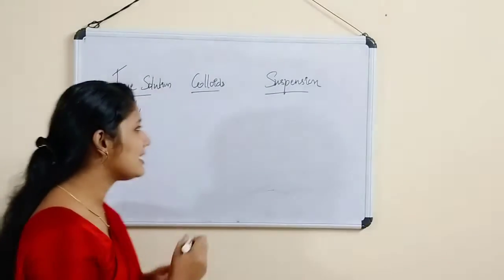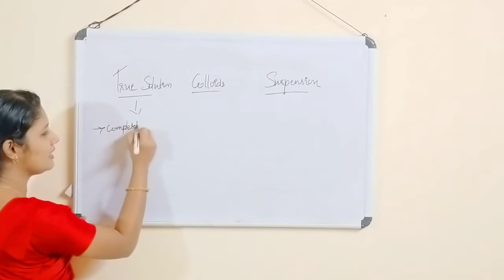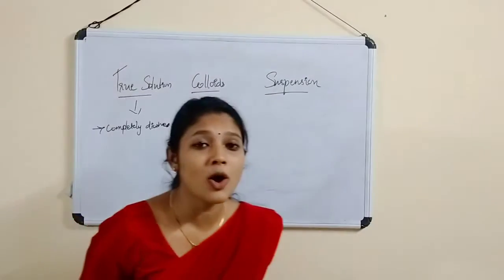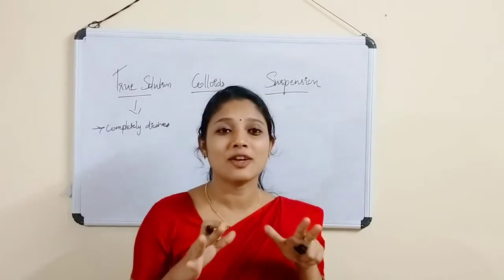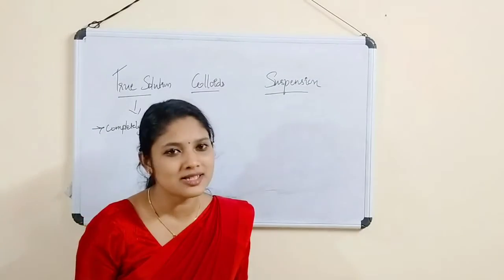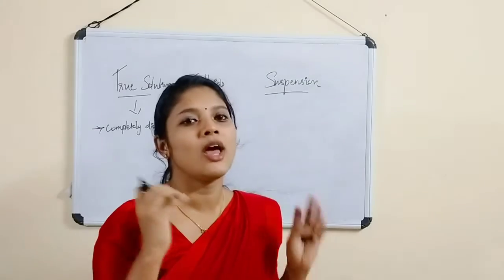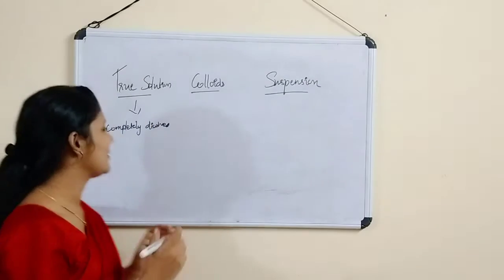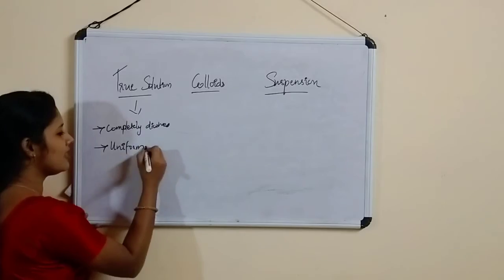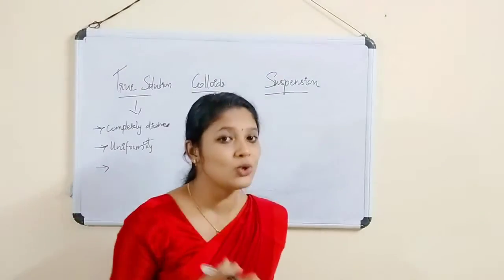The particles get completely dissolved, and there will be a uniform composition throughout the solution. The properties will be the same; any part of this sugar solution will have the same properties. So uniform dissolution is there.